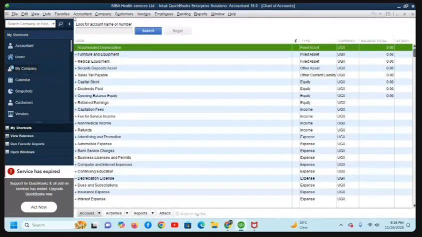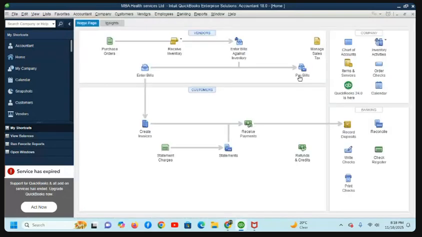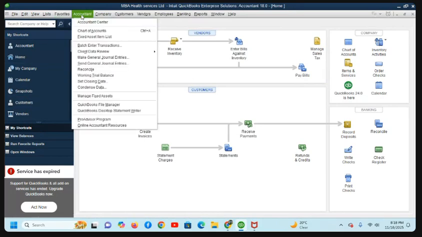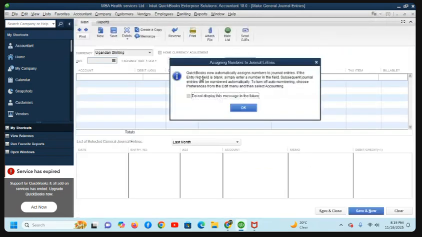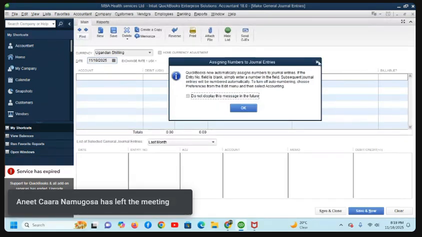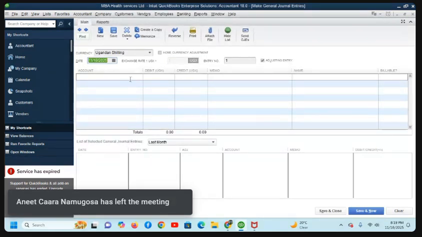Now, how do we enter the opening balance of transactions? For example, you are setting up a company for the first time and you want to enter the opening balance of each transaction. I can just go here to accountant, then I make general journal entries, and these general journal entries will cover the transactions where I'm entering the opening balance.